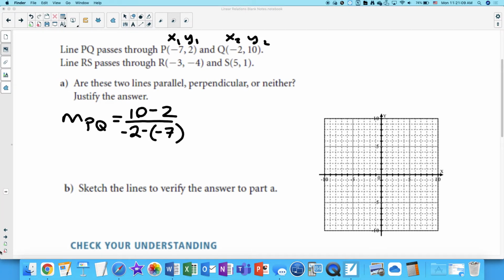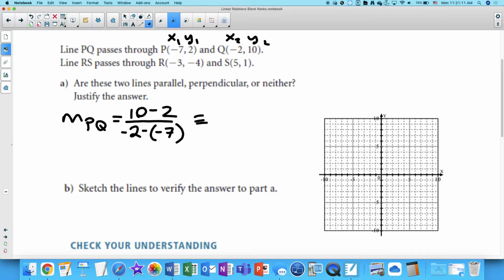So that becomes 10 minus 2 is 8, and -2 minus -7 is -2 plus 7, which is 5.